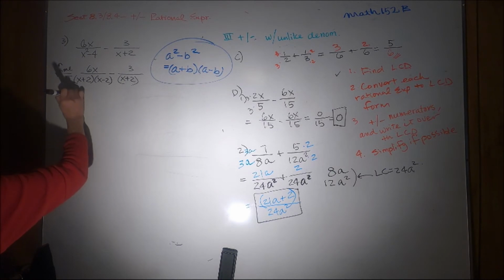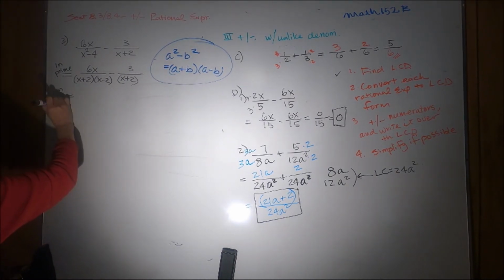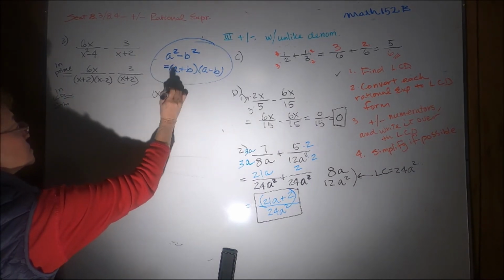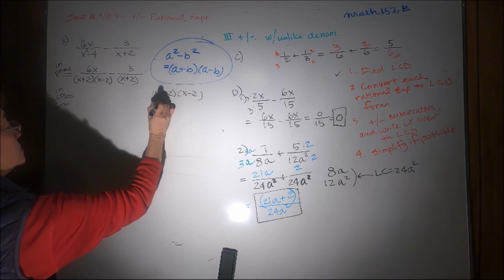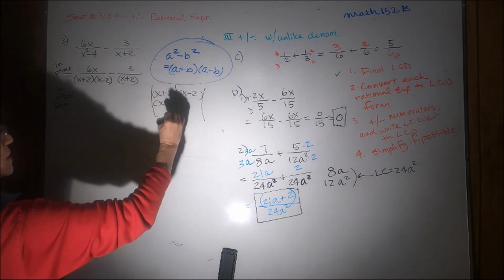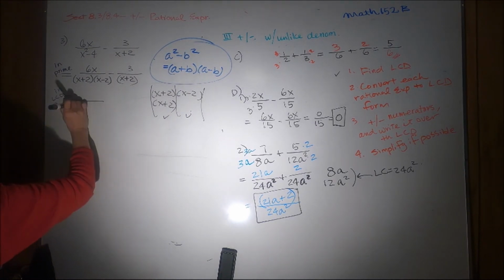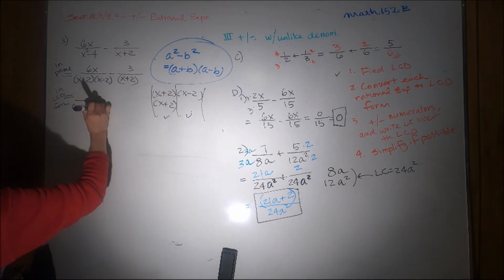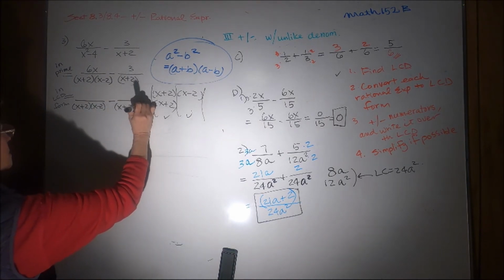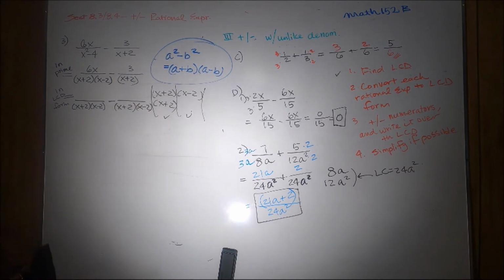So, then you will write in what? LCD form. So, what's your LCD for x plus 2, x minus 2, and x plus 2, right? So, your LCD will be what? You need both. So, that will be your LCD, x plus 2, x minus 2. You will write both in the same LCD form, right?